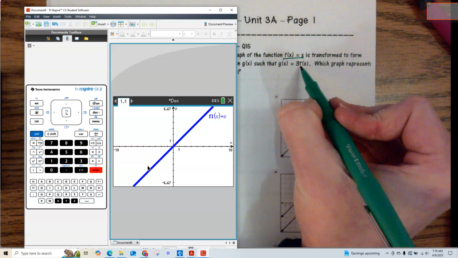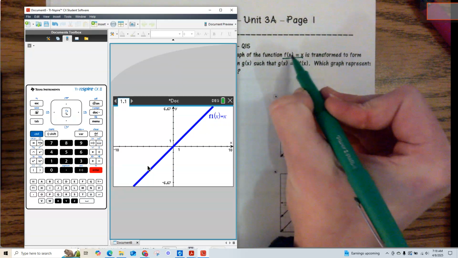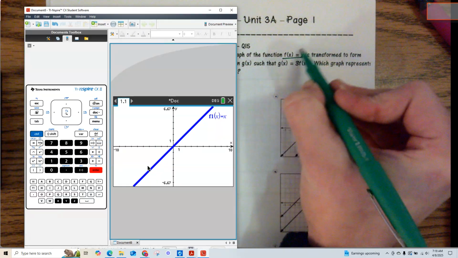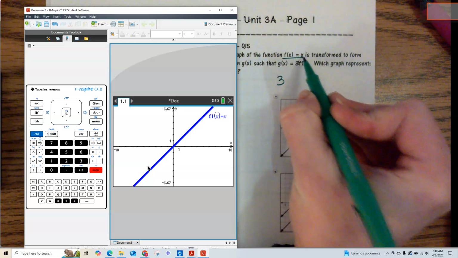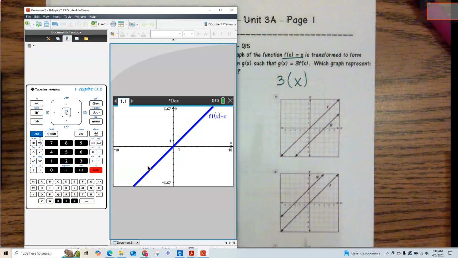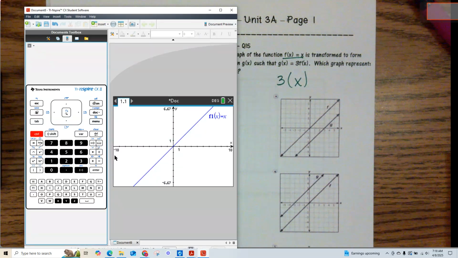The 3, see how it's outside the f of x? That means I can take the entire equation, which is an x, and just put a 3 on the outside. So I can graph that one as well. So I'm just going to do 3x. Nice thing about your calculators, they graph in color.